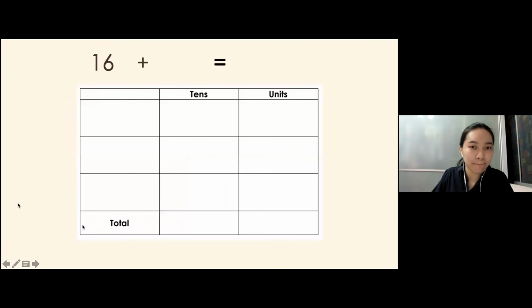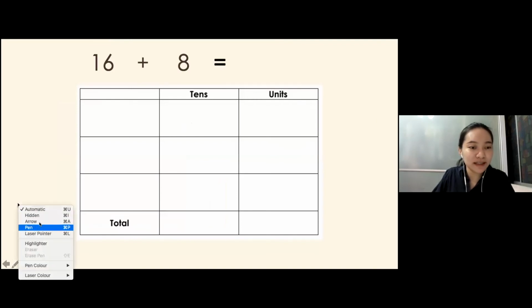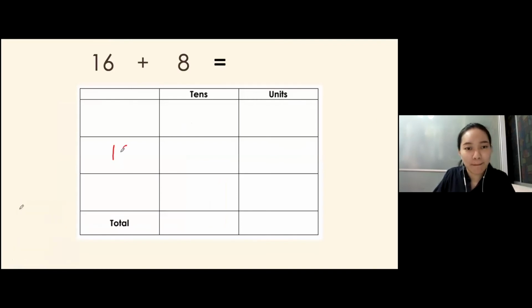Okay. So we have 16 plus 8. Let's draw 16. I have 1 ten and 6 units. And I have 8 units here. So you teach the kid 1, 2, 3, 4, 5, 6, 7, 8, 9, 10.